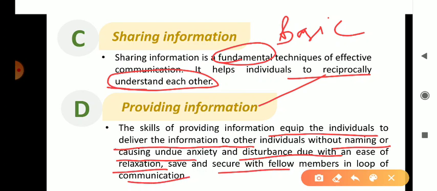They share their information and ideas without any anxiety or disturbance. That will make the conversation comfortable, they will be relaxed during the conversation, and the conversation will be safe and secure in the process of communication.